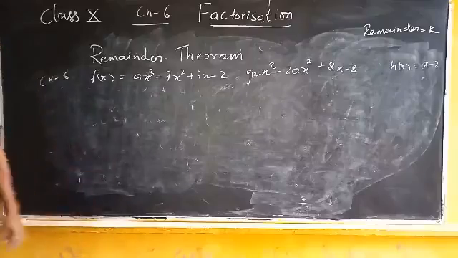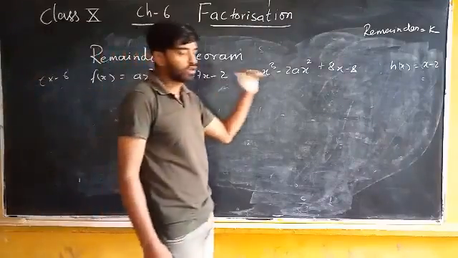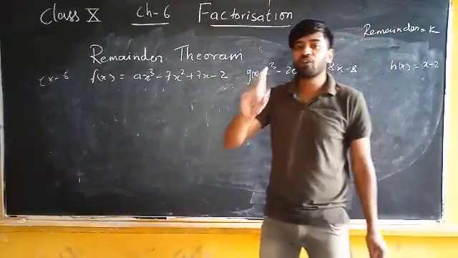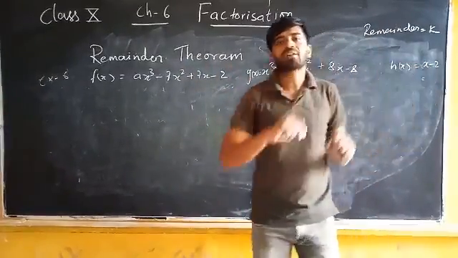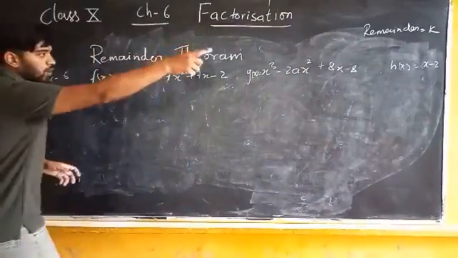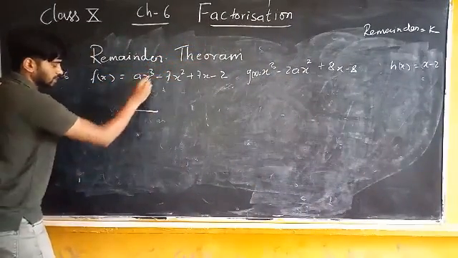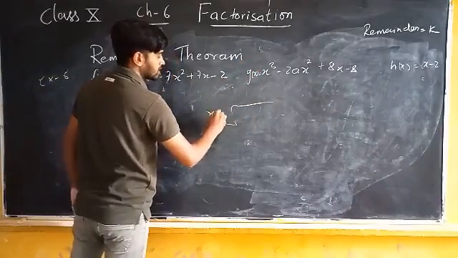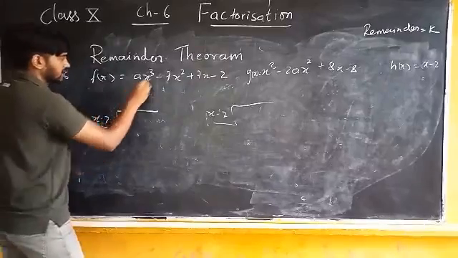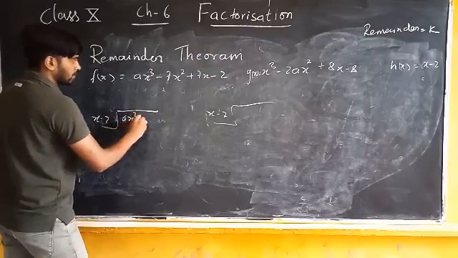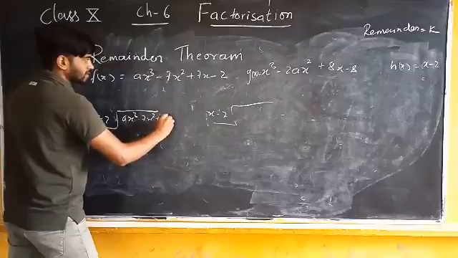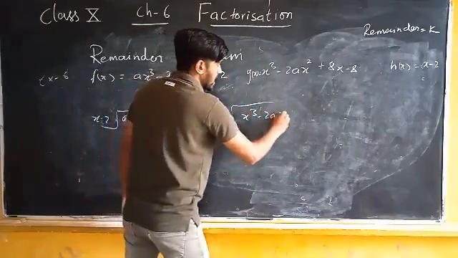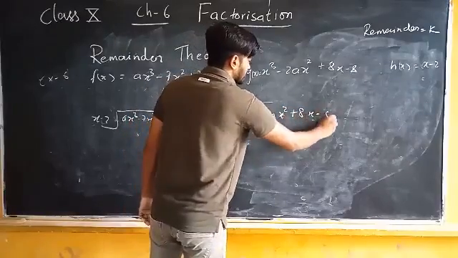Example number 6 says there are two polynomials. This is one polynomial, this is another polynomial. And both of them get divided by only one polynomial, that is this. What they are trying to tell you is that x minus 2 is dividing the polynomial ax cubed minus 7x squared plus 7x minus 2, and the same polynomial is dividing x cubed minus 2ax squared plus 8x minus 8.